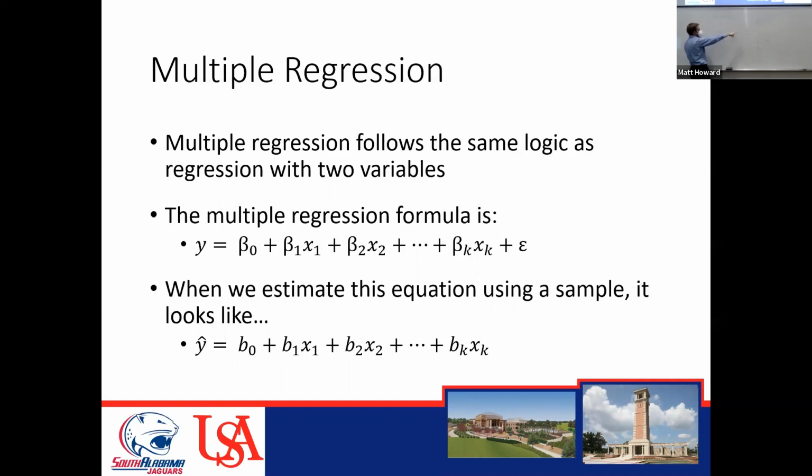So if we're looking at 3 predictors, we would then have beta 2 x2 plus beta 3 x3. The only difference is for each variable you add, you need to add another beta and another x. You always only have one beta naught, but then we have beta 1 x1, beta 2 x2, and beta 3 x3. So if we have 3 predictors, we would have a total of 4 betas, including beta naught, and then 3 x's.